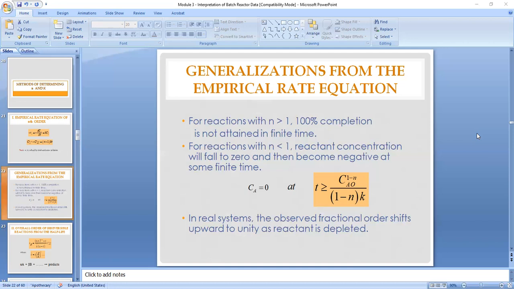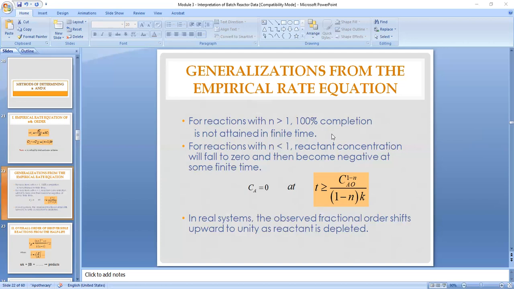Your product will always be complete regardless whether your reactants were all consumed or not. Your product will be your product. For example, if sodium hydroxide is formed, it would still be formed as sodium hydroxide. Only that not all your reactants were converted because of this phrase, 100% completion is not attained in finite time.